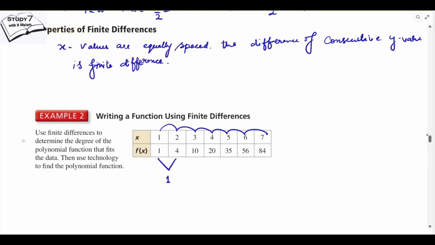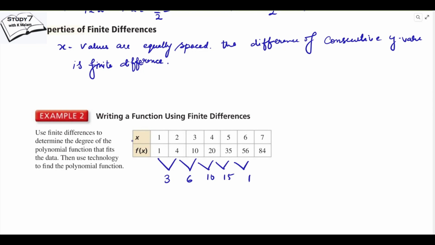Yes, x values are equally spaced here. Now check the difference of y values. 4 minus 1 is 3. 10 minus 4 is 6. Then 10, 15.